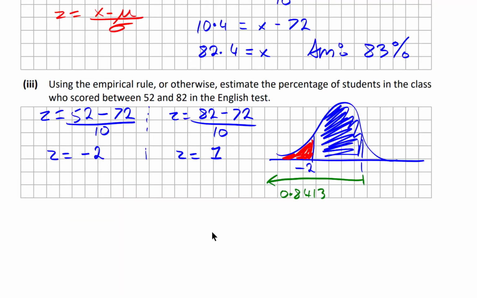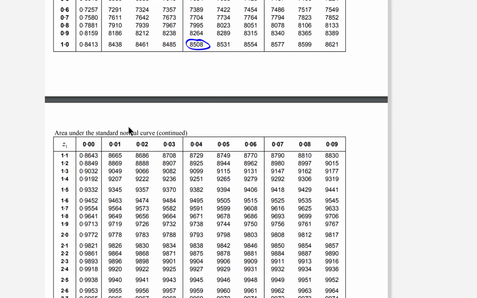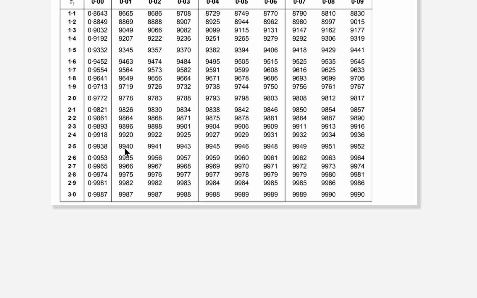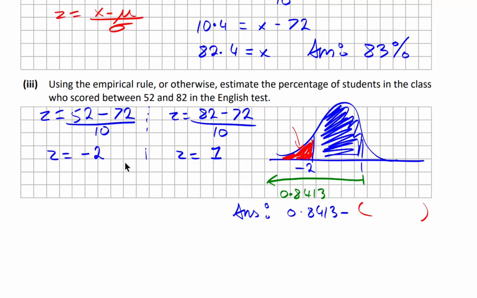So our answer, therefore, is going to be 0.8413 minus whatever that red area is. To calculate that red area, I look up 2 as my Z value. When you look up 2, you get 0.9772. So this area here must be 1 minus 0.9772.